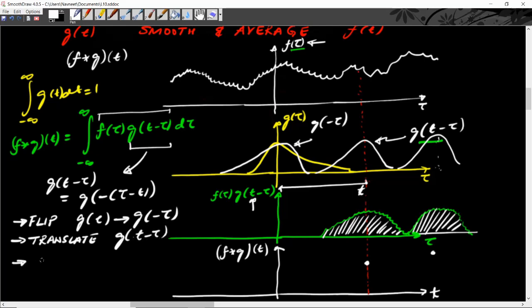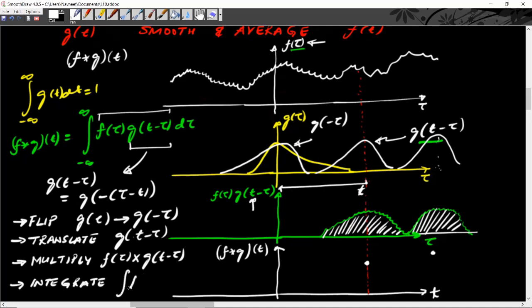After translating, we multiply f of tau with g of t minus tau, and after multiplication we integrate, and then we get a single point at a particular time t.